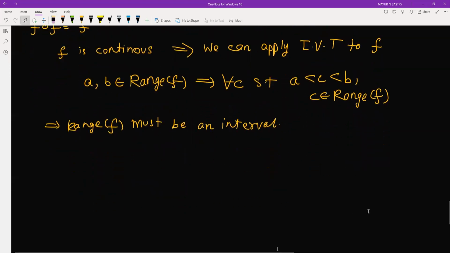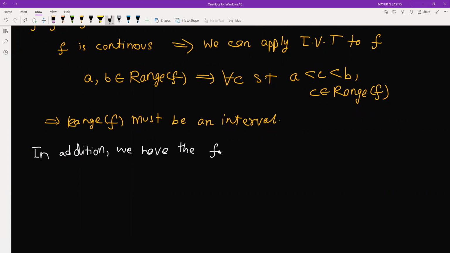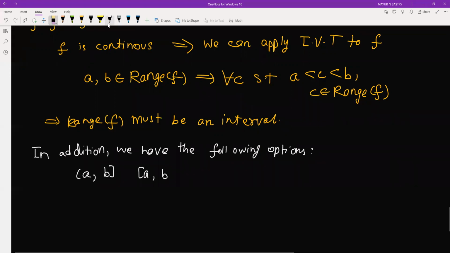So in addition to the forms minus infinity comma b closed, a comma infinity closed, and a comma b closed, we have the following options, since we can have open intervals: a comma b closed, a comma b open, or minus infinity comma b open, a comma infinity open.